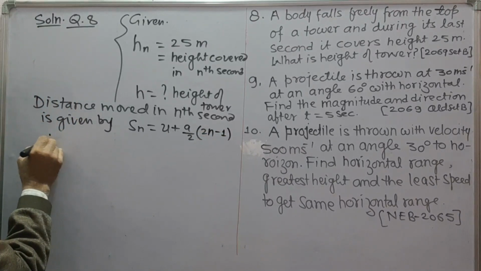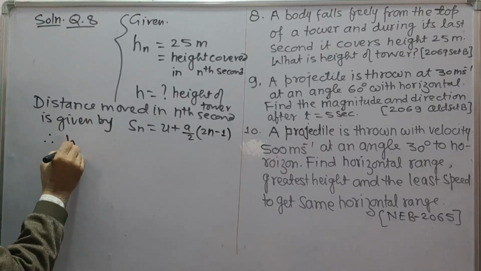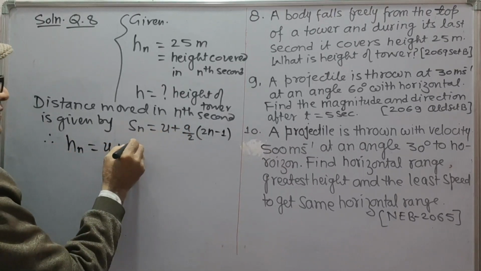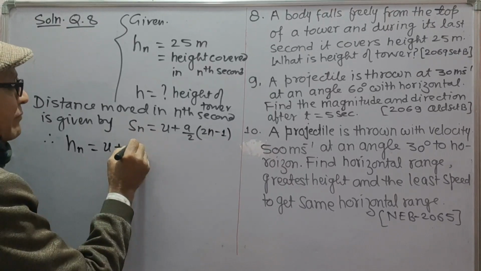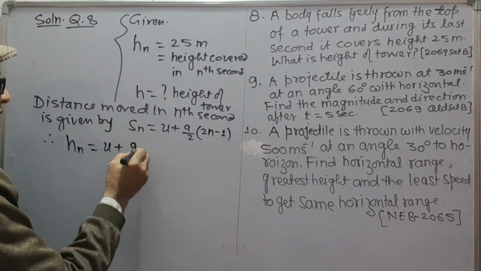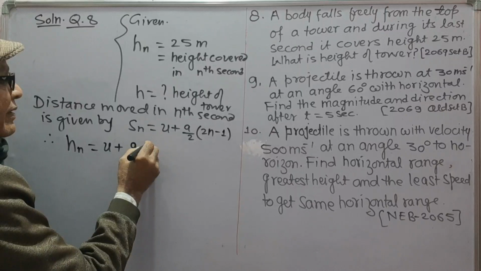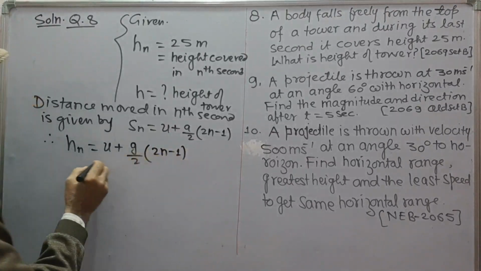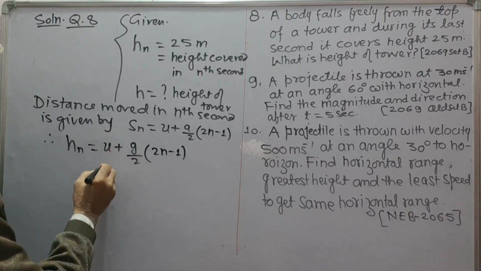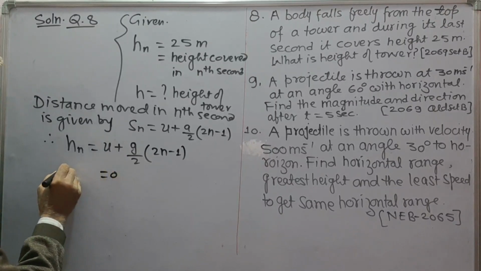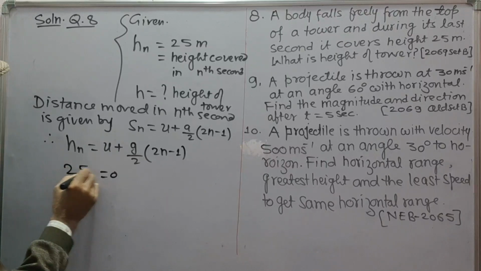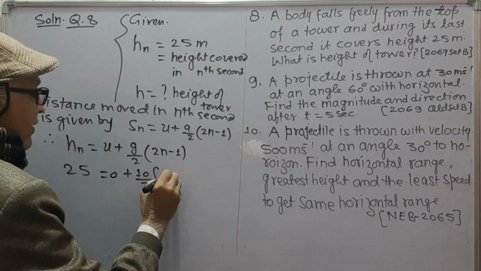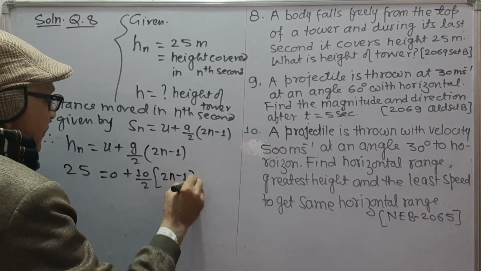In this case, therefore, in vertical case, hn will be equal to u plus a becomes g upon 2 into 2n minus 1. u is 0 for free fall. hn is given to be 25 meters equals 10 upon 2 into 2n minus 1.